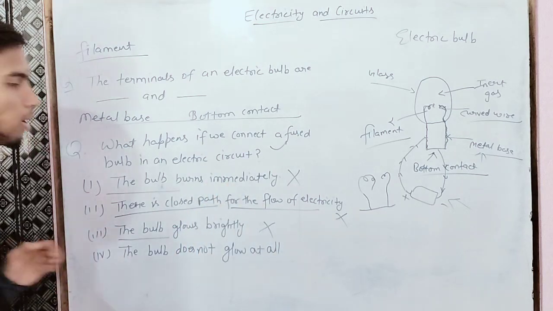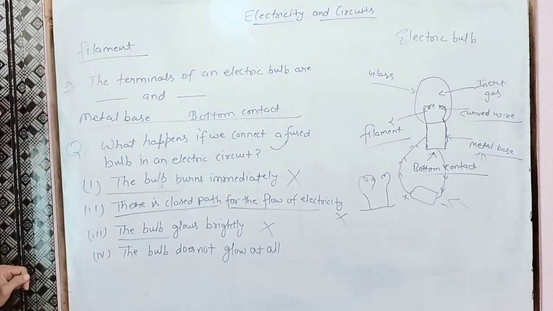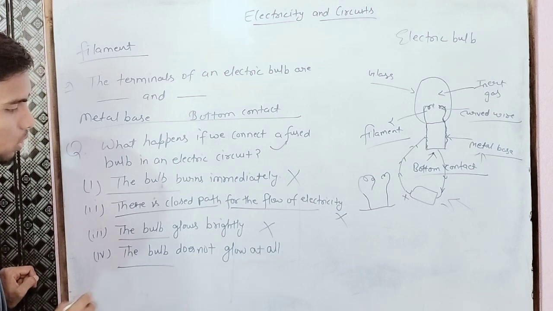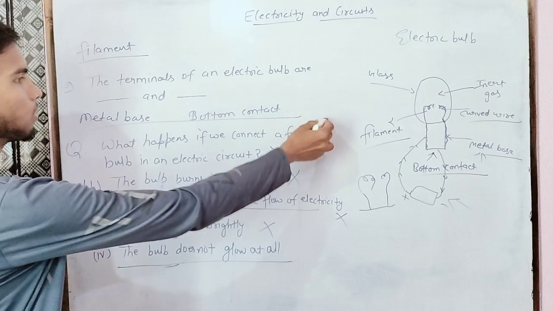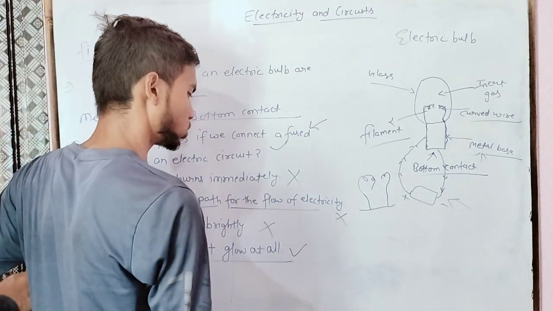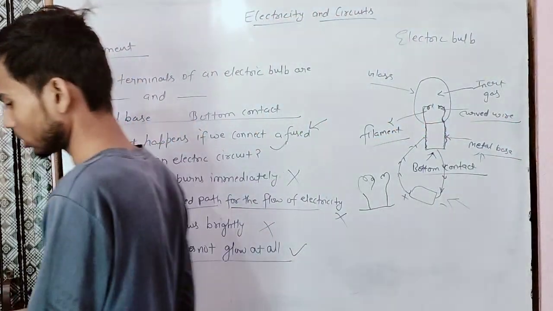If we have a fused bulb, of course the filament will be broken. Now next is the bulb does not glow at all. Yes, of course, this bulb will not glow at all. So option D is correct for this question.